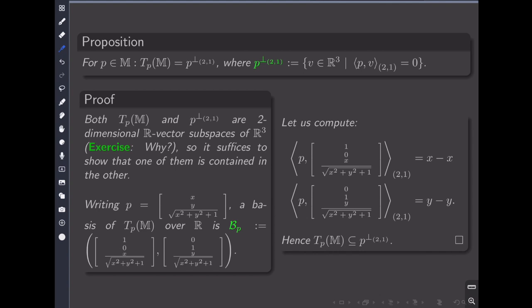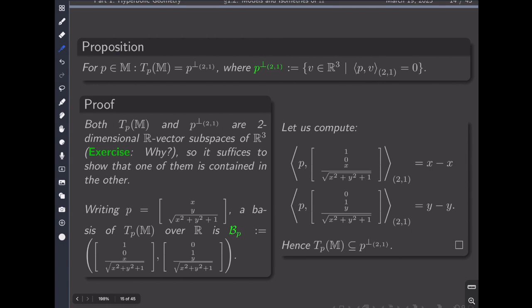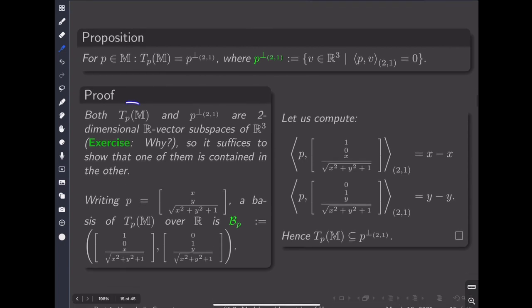You take the point in the hyperboloid, and the tangent plane is precisely the orthogonal complement of your point under Minkowski's form. So quite easy to find. The proof is quite easy because one knows that both of them are two-dimensional.